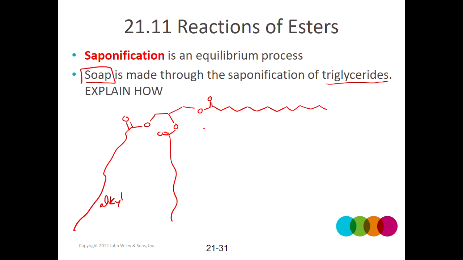So what happens is we use the conditions we just talked about, OH minus and water. If you've ever seen the movie Fight Club, you know the scene where they are making soap and they use lye, which is hydroxide, to react the fat that they've gathered through illicit means to make this high-end soap.